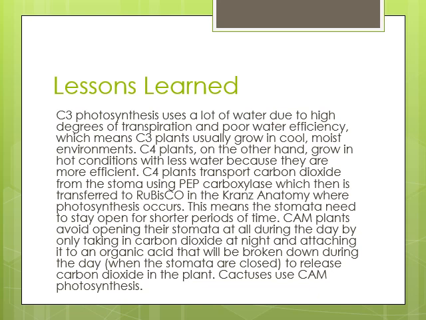C4 plants, on the other hand, use PEP carboxylase to grab carbon dioxide from the atmosphere, and then rubisco's only job is to take the carbon dioxide from PEP and attach it to RuBP. It does that by living in the center of the leaf in the structure known as the Kranz anatomy. So that lets plants keep their stoma open for less time, because they're so much more efficient. As the stoma are open less, they lose less water to the environment.